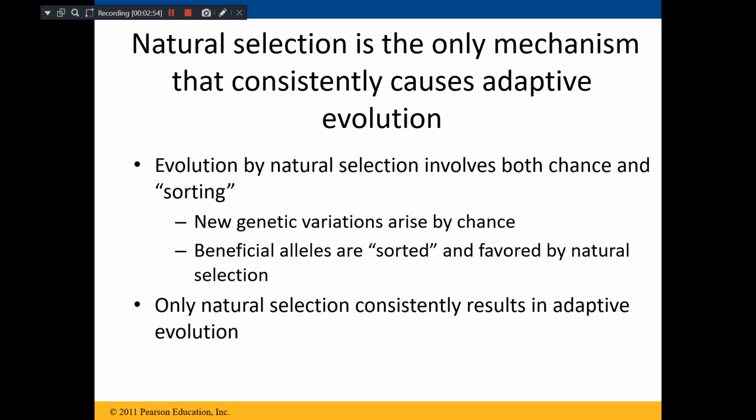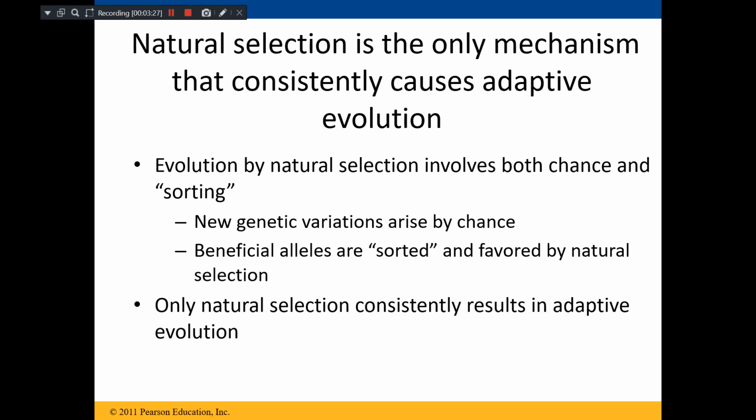And genetically, out of all the variations, only a few beneficial alleles may have certain adaptive value. Others may not have any value, or sometimes many variations may have nuisance value also. But nature will sort the beneficial alleles, and those selected beneficial alleles are favored by natural selection.